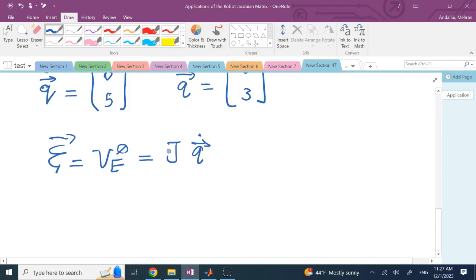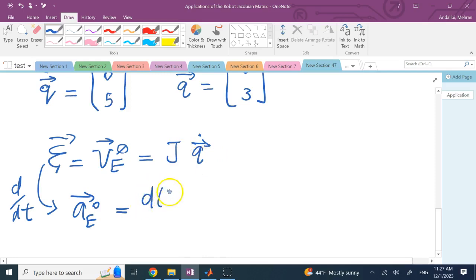Now, for the acceleration of the end effector, here we have to take a time derivative of this. And the thing is, J is not constant. It's a function of the joint angle, so it has a time derivative as well as q dot. So it's a product, so it's going to be the time derivative of J with respect to time times q dot plus J times what?